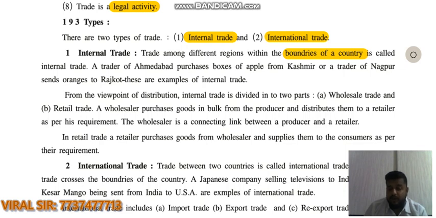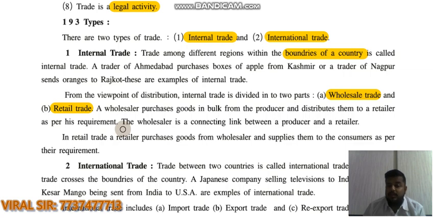Now from the viewpoint of distribution, internal trade is divided into two parts. Again, very easy terms which we know already: wholesale trade and retail trade. So these are the two types of internal trade on the basis of distribution. Why on the basis of distribution? Because in wholesale trade, the distribution is done in bulk, in large quantities, on a large scale.